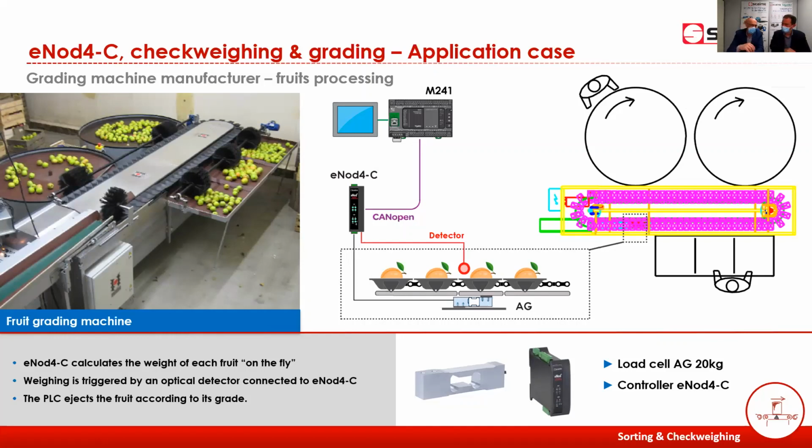I think the target accuracy was plus or minus 1, depending on the size of the fruit, because here it's apricot, but it could also be melon or apple, and depending on the type of fruit, it could be plus or minus 1 gram to plus or minus 5 grams. Yes, of course. So just to say that this version of firmware in the eNod4C is able to process very fast measurements and to quickly perform a dynamic measurement.